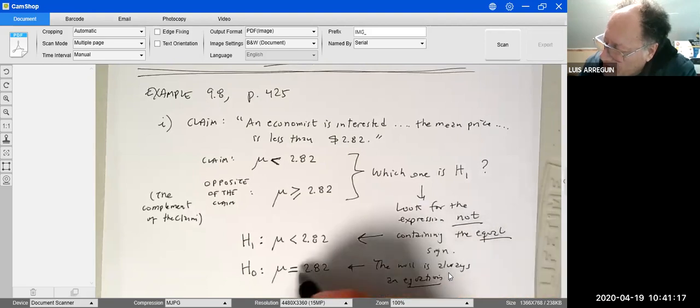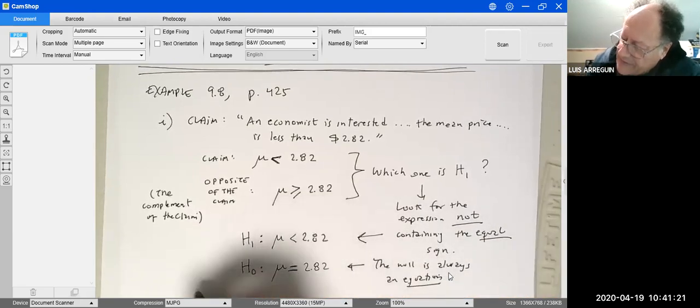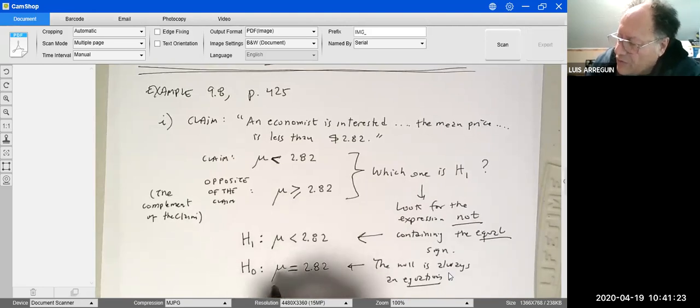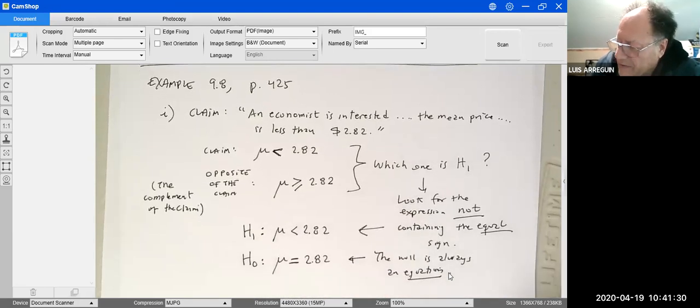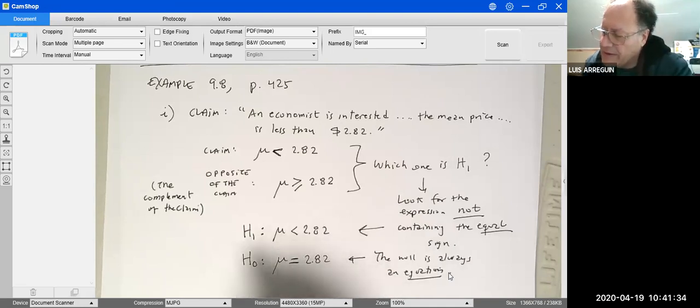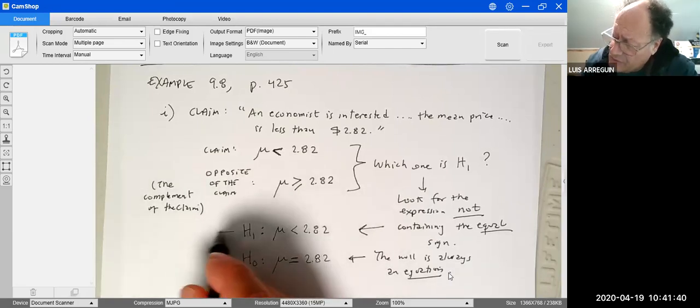It doesn't contain any inequality symbols. So this is the first step. Usually in your book, you're going to see the null written first and the alternative written after. It doesn't matter the order, as long as you know that you're writing the null and the alternative in the proper way.